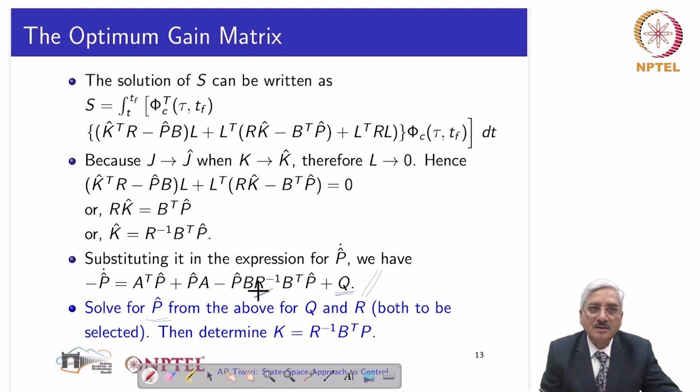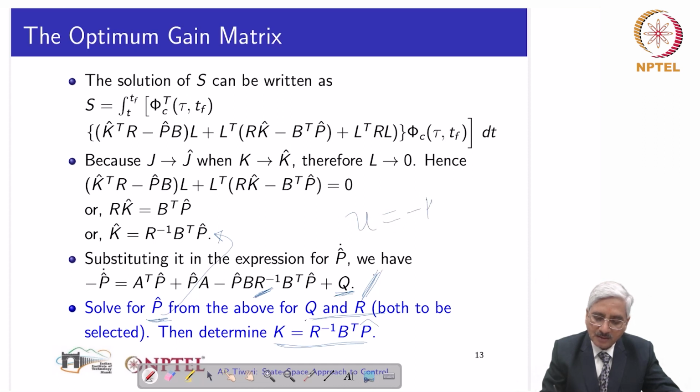It requires experience on the part of the designer to select the Q and R. So once Q and R are selected, those values can be plugged into this equation to obtain P hat, and then P hat can be substituted in this one to get K, R inverse B transpose P hat. And then we have the gain, we have the equation U equal to minus Kx plus of course R.